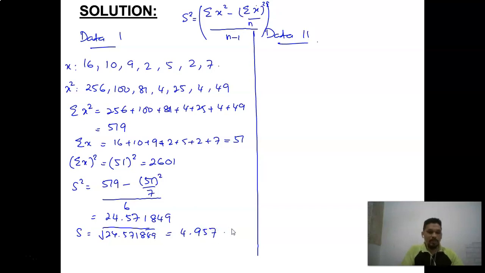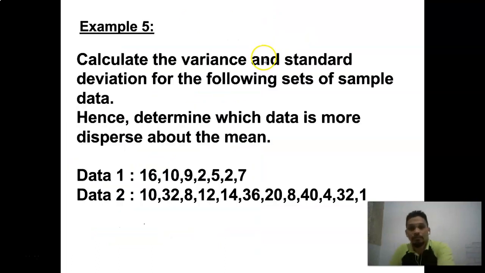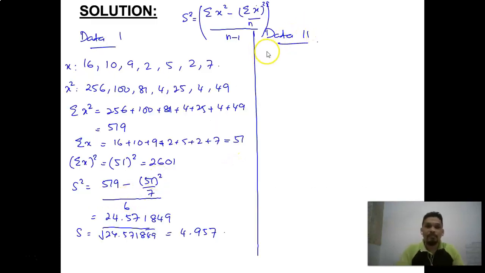equals 4.957. Okay, now for data 2, where x is 10, 32, 8, 12, 14, 36, 20, 8, 40, 4, 32, and 1.